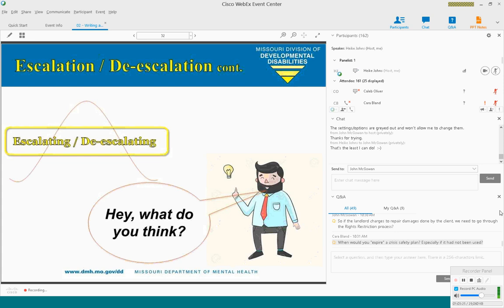But we need to understand that when you can't communicate, that is frequently going to result in a problem situation, because that is the only way that over time they have been able to successfully have their needs met. And I think we can all recognize that when we aren't able to effectively communicate what we're trying to say, how frustrating that is and how that can lead to a challenging situation.